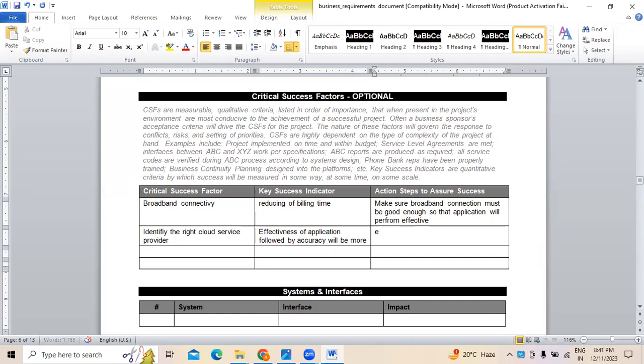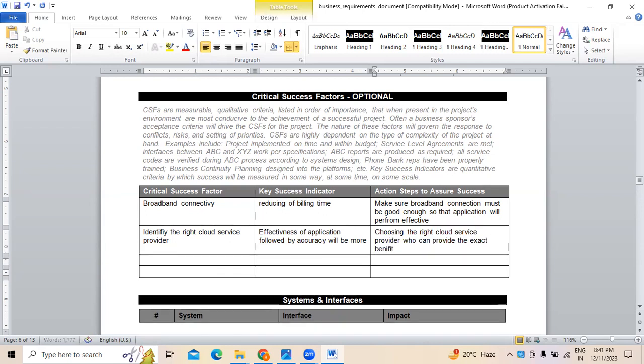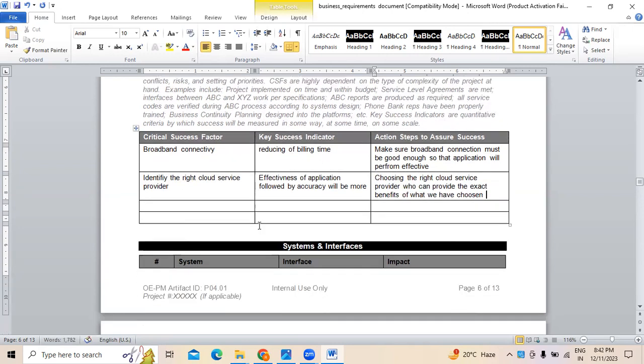Effective choosing of the right cloud service provider who can provide the exact benefits of what we have chosen. So these are the critical success factors.